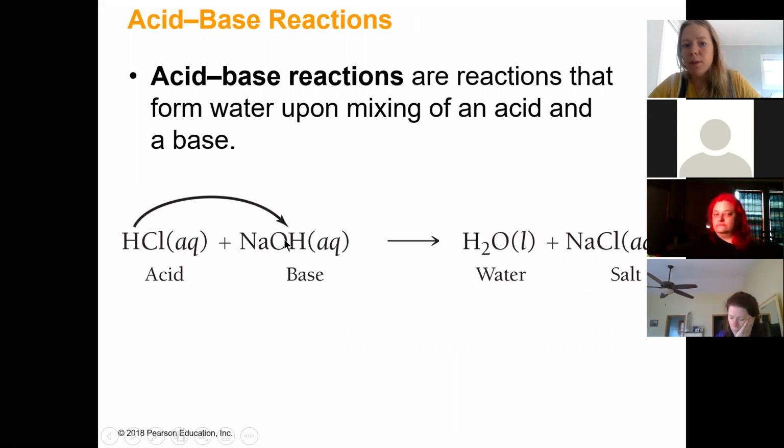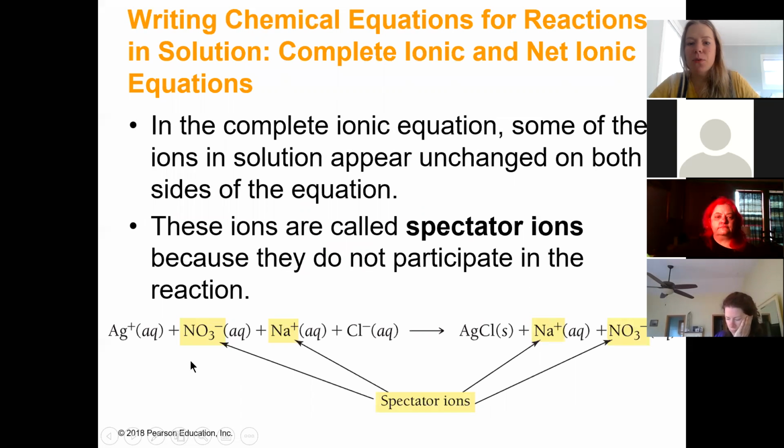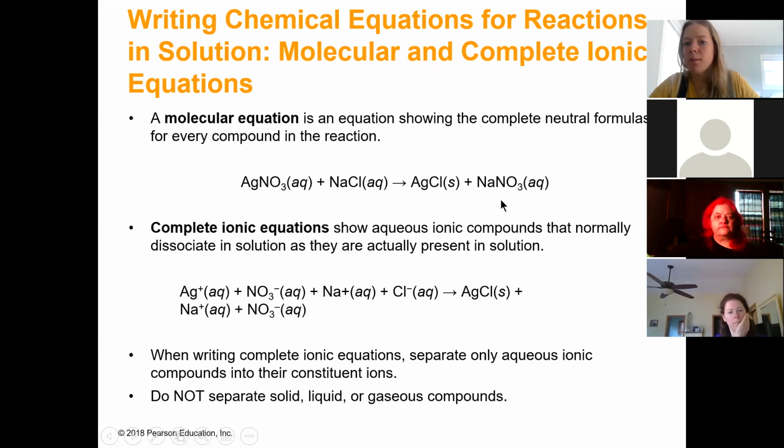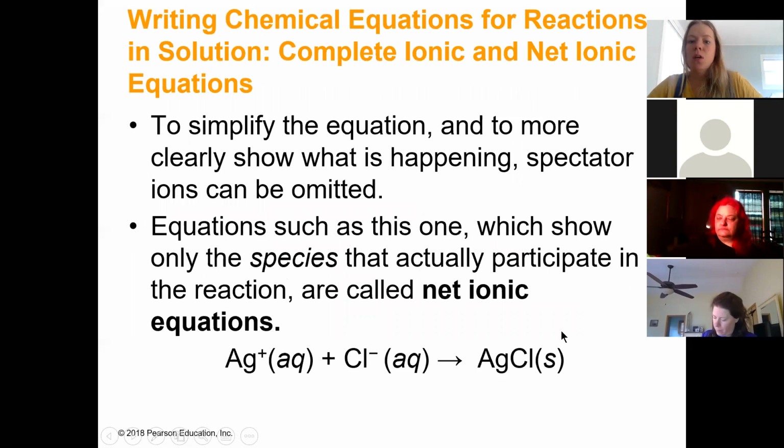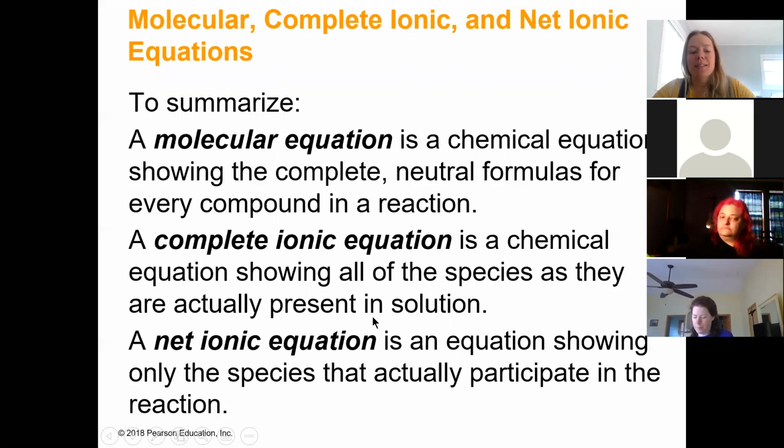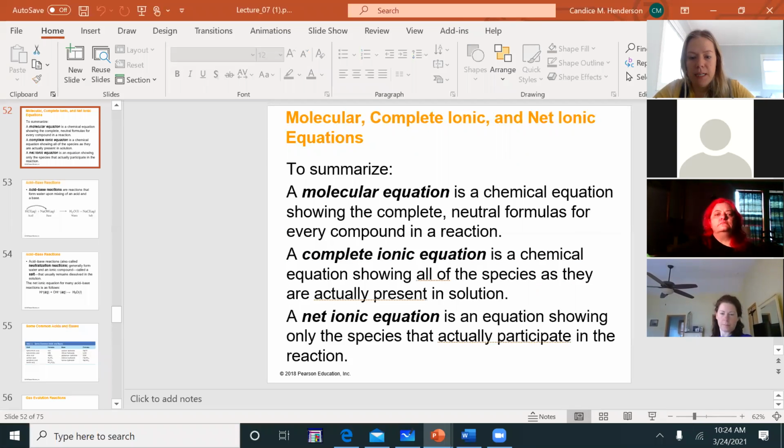One thing is bonding with something from the other and vice versa. So we get two new compounds, all right? Same thing with all those precipitate reactions. Those are all double displacement reactions. They're all flip-flopping partners. So you want to be able to lay that on top of the definitions.